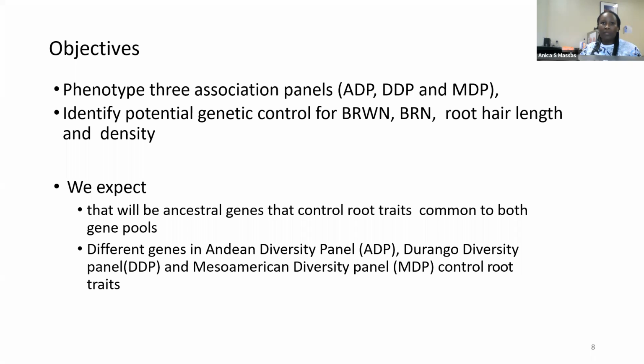We want to identify potential genetic control for basal root whorl number, root hair length, and density. Here, we expect that there will be ancestral genes that control root traits common to both Andean and Mesoamerican gene pools. Different genes in the Andean diverse panel, Durango diverse panel, and the Mesoamerican diverse panel can also control root traits.